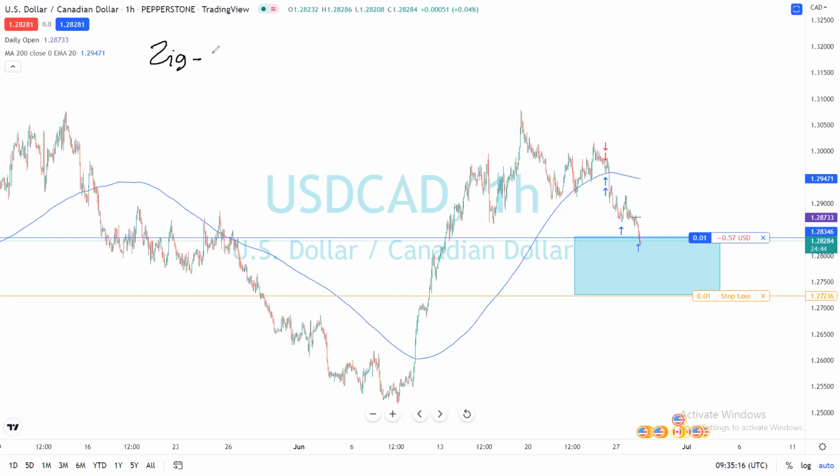Okay, so the zigzag is a type of Elliott wave pattern. Remember, in our last video, we discussed that there are exactly 13 patterns that we look at when we're doing the Elliott wave theory. So today we are just going to be focusing on the zigzag.